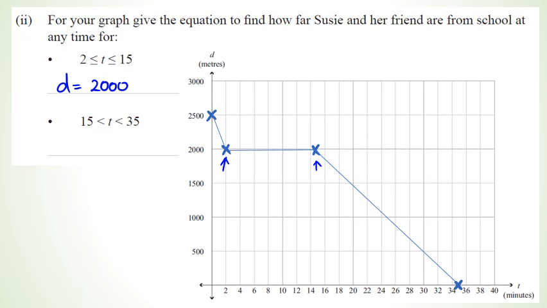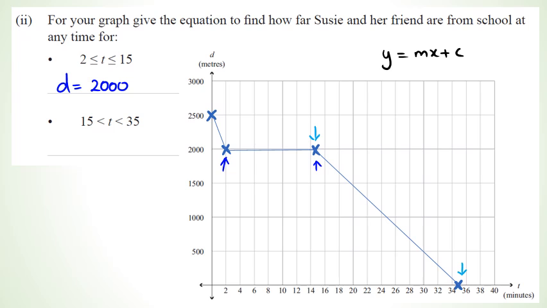All right. So the next one is you've got to actually work out between 15 and 35, which is going to be from here to here. Now, as we've done so far in this paper, we know that the equation could be written, I'm going to work on this side here guys, y equals mx plus c.